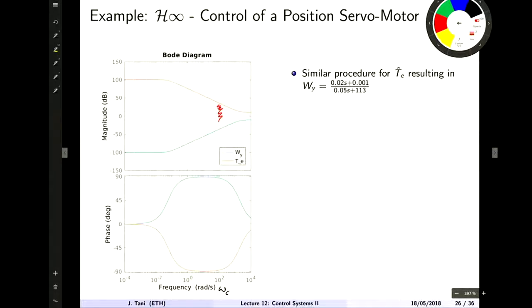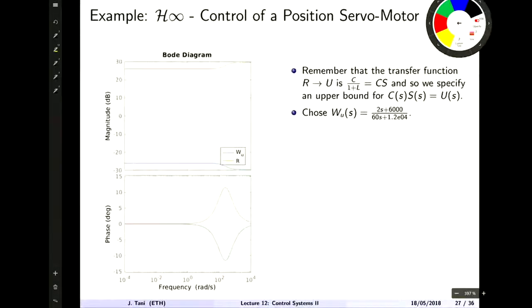So if you have your T like this, then you will not meet the requirement for the crossover frequency, of course. Okay, we do the same for U, and there we place quite stringent bounds.